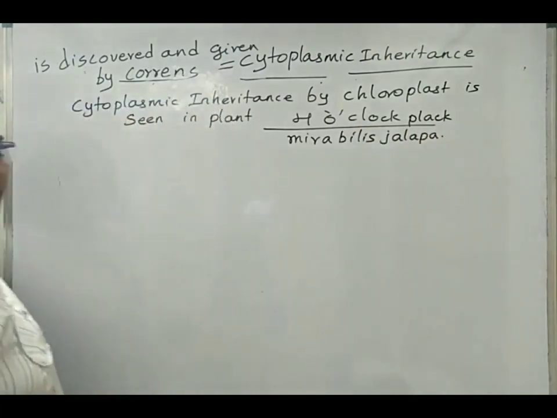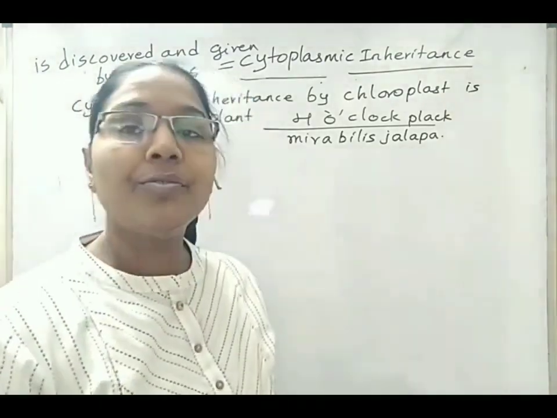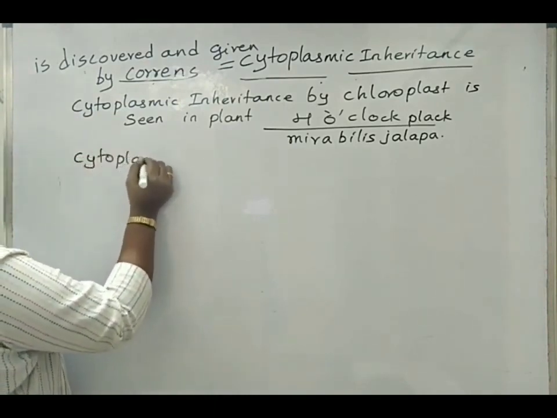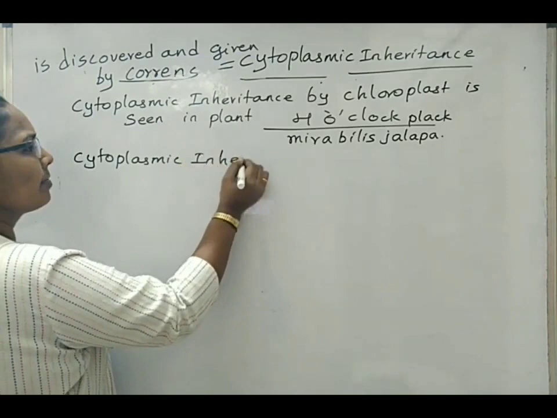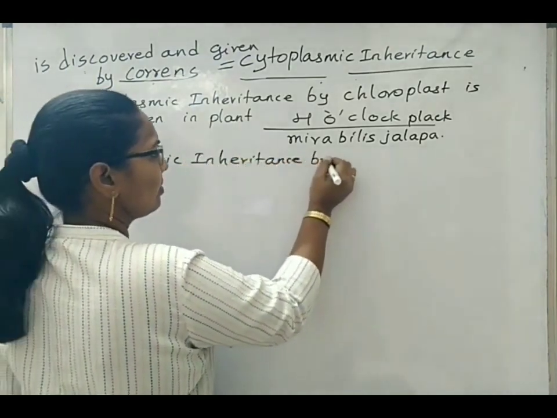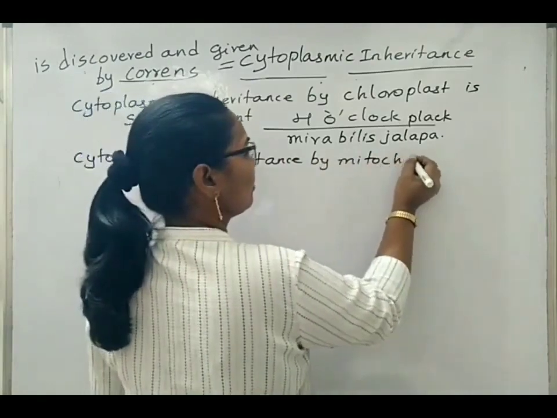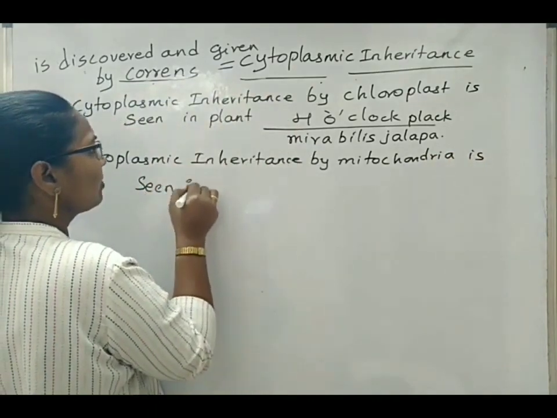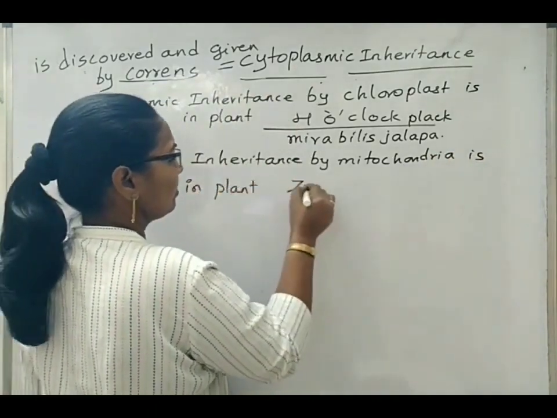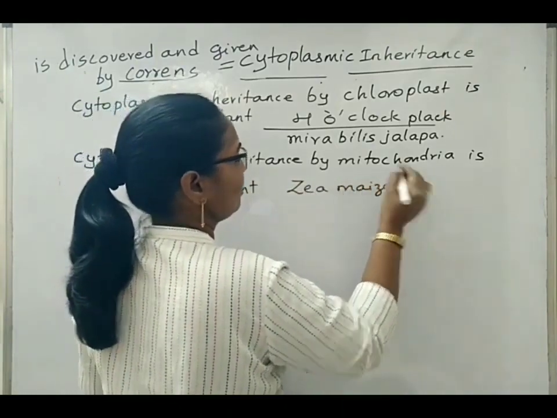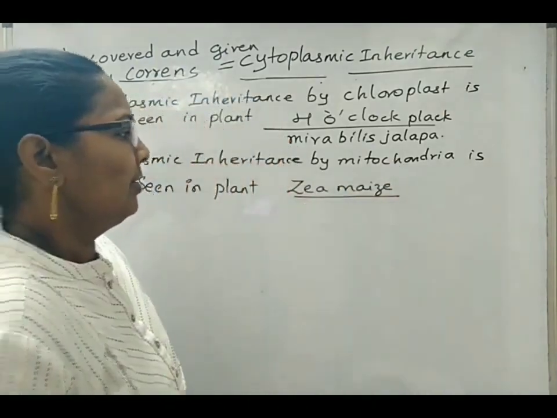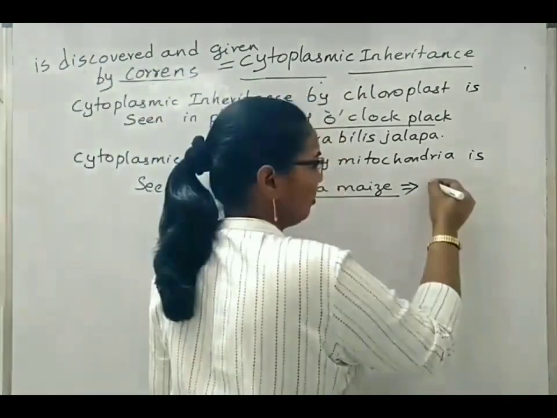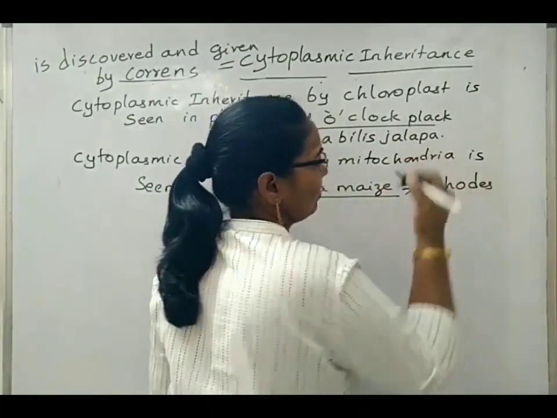Cytoplasmic inheritance with the help of mitochondria is seen in the maize plant, Zea mays. This was discovered and given by Rhoades.